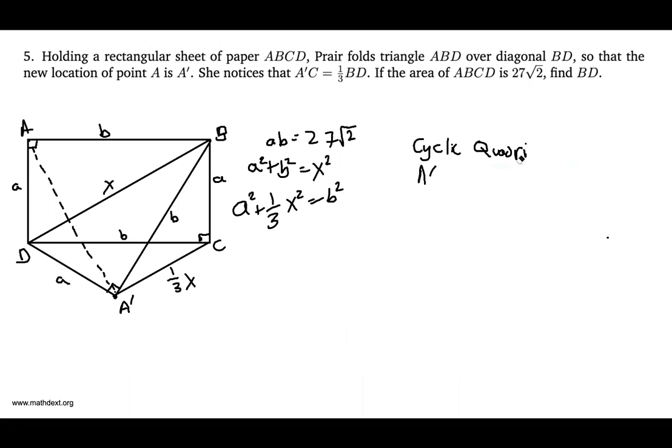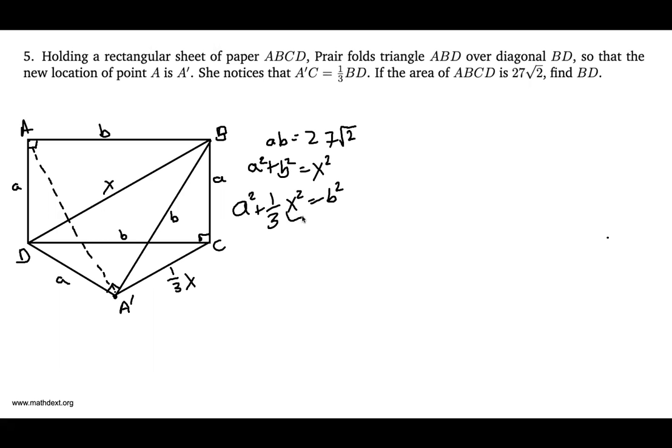All right. And how do we do that? Well, we have three equations in terms of three unknowns. So why don't we go ahead and find A and B, and we can use A and B to solve for x. And we have this equation A times B is equal to 27 root 2. We also have these two equations. Well, you see that x squared is equal to A squared plus B squared.